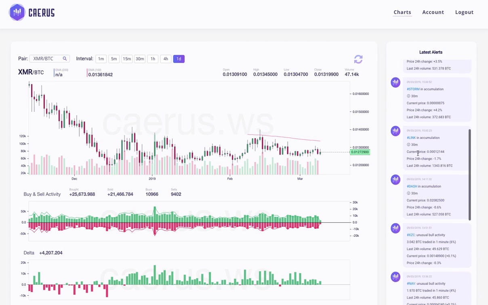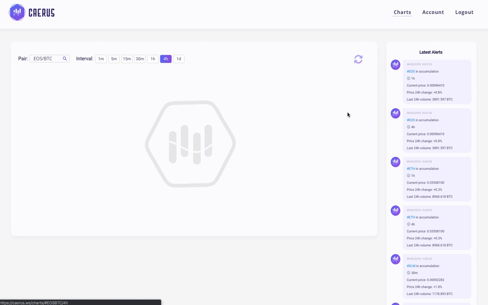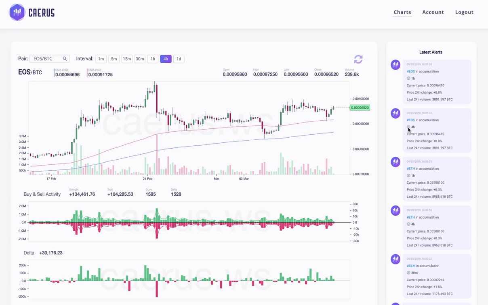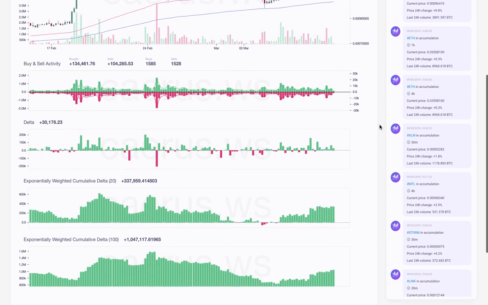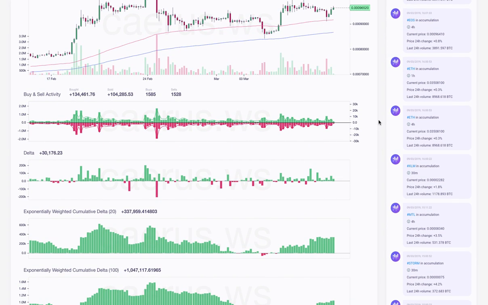There is a complex system of filters to only show those alerts that are really interesting, and you have a nice navigation from the alerts to the charts. If you click on the hashtag, it will navigate you to the chart of this coin at the time frame of interest. So here, for example, you see that there is a signal about accumulation on EOS, and you can navigate here and see for yourself that there is an accumulation.